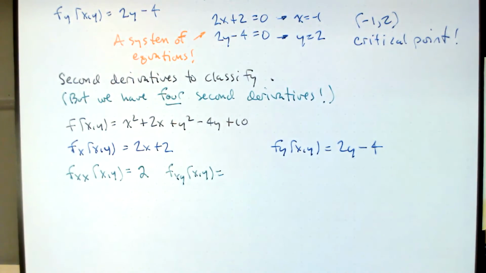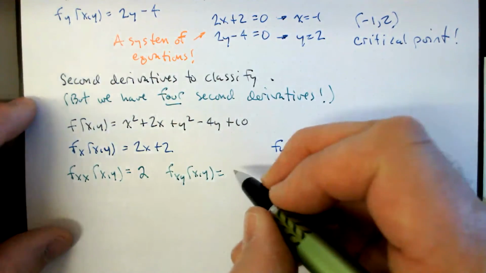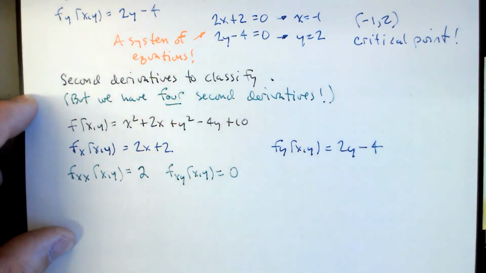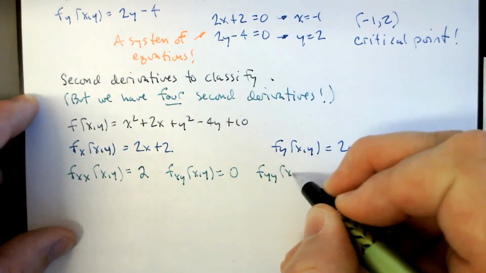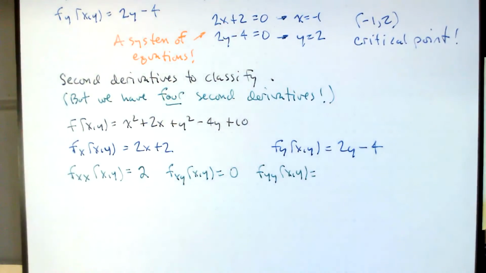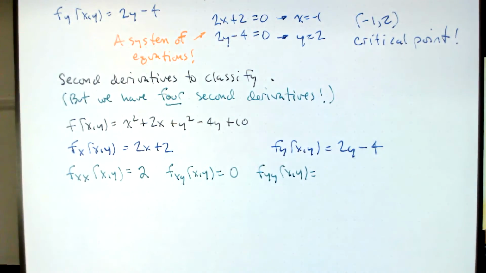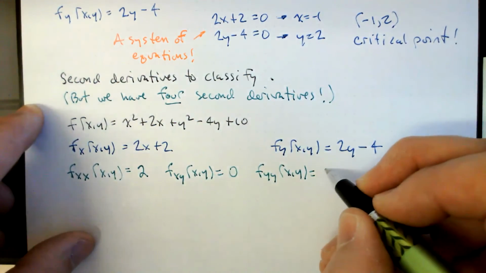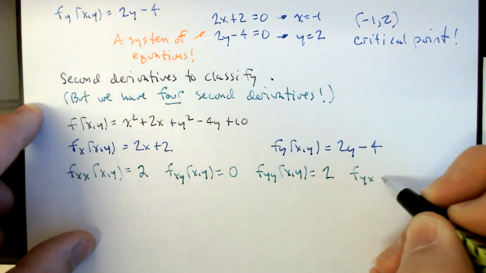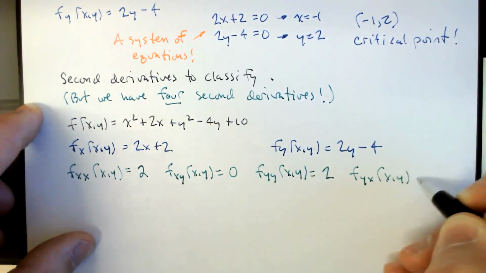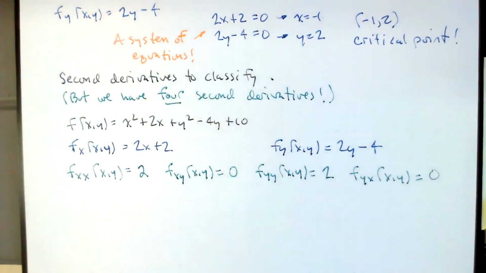The derivative with respect to y is going to be 0. Similarly, I can have two partial derivatives of fy. The derivative of fy with respect to y, or fyy, is 2. And fyx is equal to 0.